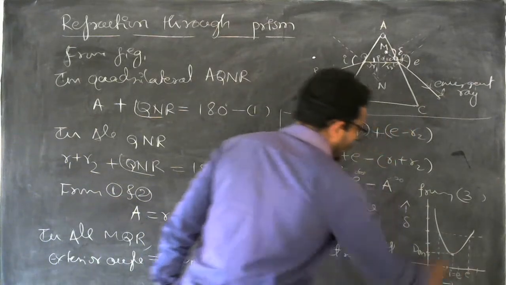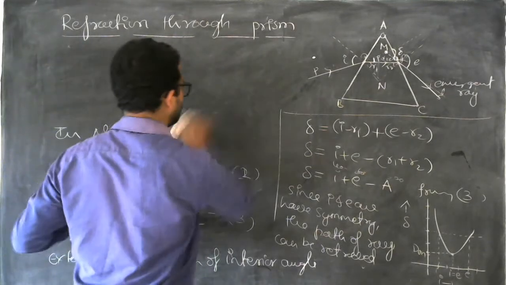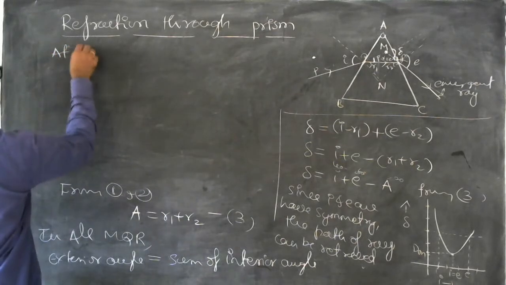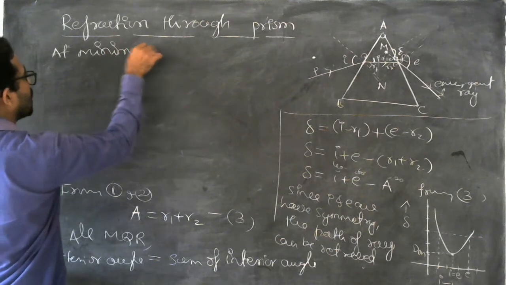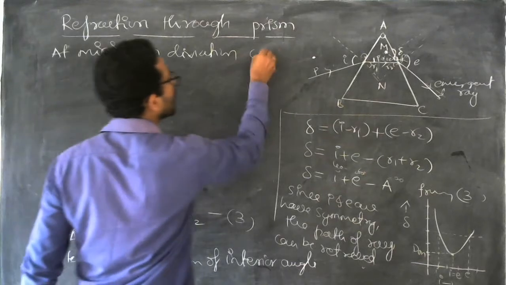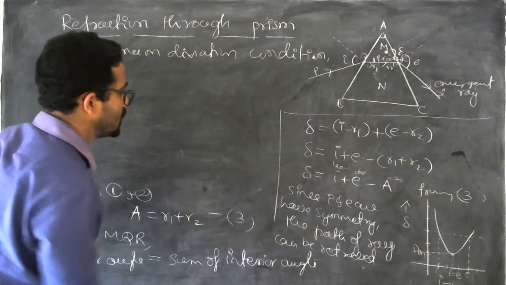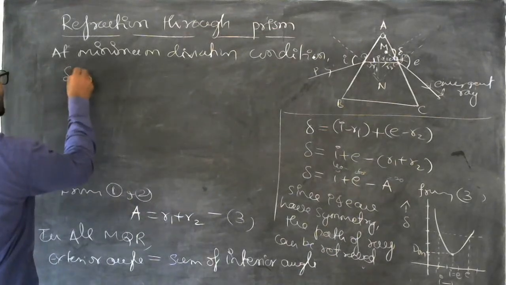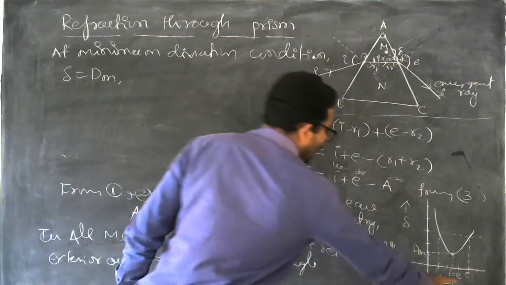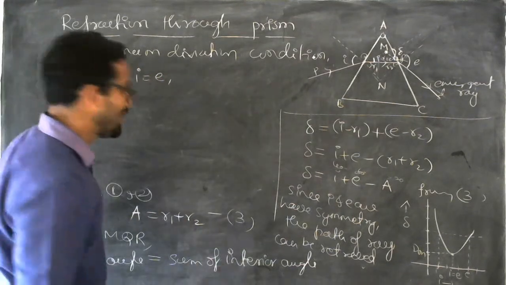And at the minimum deviation condition, let us write that for minimum deviation condition, delta is equal to dm. We got delta is equal to dm, I is equal to E.